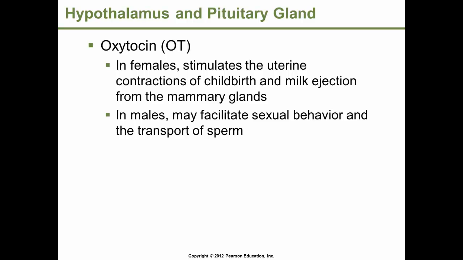So prolactin was the hormone involved in milk production, but oxytocin is the hormone involved in milk ejection. Oxytocin means oxy meaning quick, and tokos means childbirth. In males, it may facilitate sexual behavior and also may be involved in the transport of sperm.